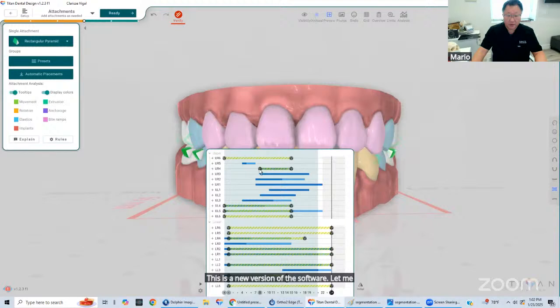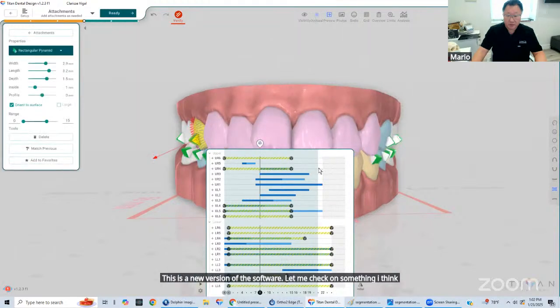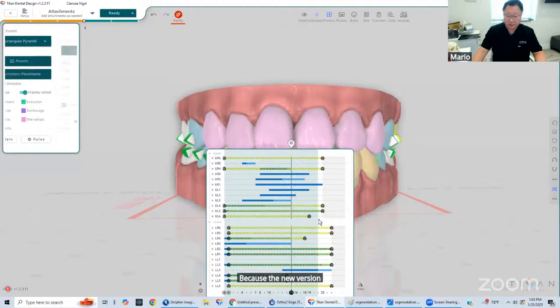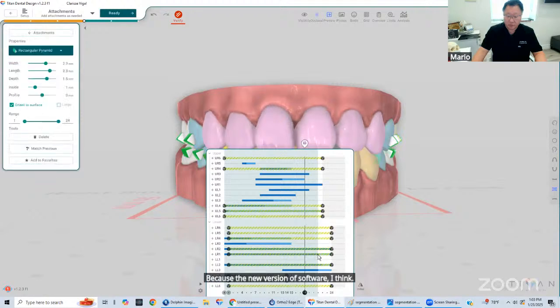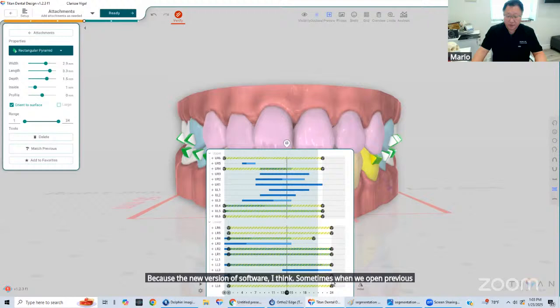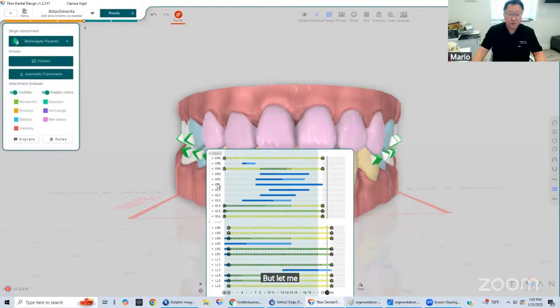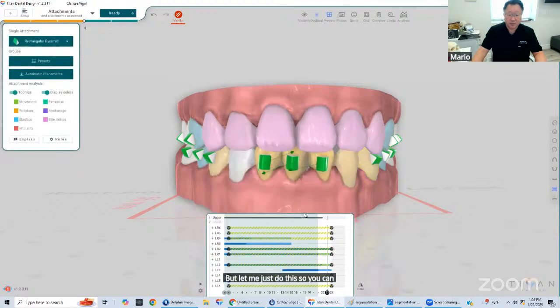I think I need to update this so I can show you exactly what I did before, because with the new version of the software, when you open previous treatment plans from a long time ago, it might not be perfect. But let me just do this so you can see all the attachments.